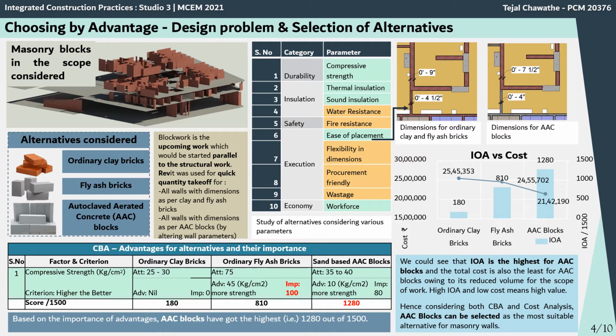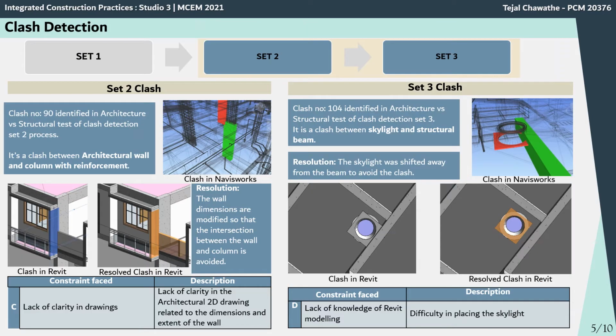And since high importance of advantage and low cost means higher value, hence considering both CBA and cost analysis, the AAC blocks seem to be the perfect alternative among the three for the scope considered of masonry blocks.